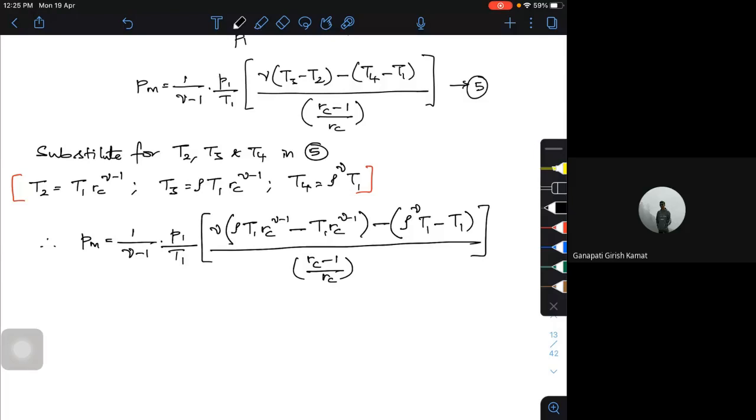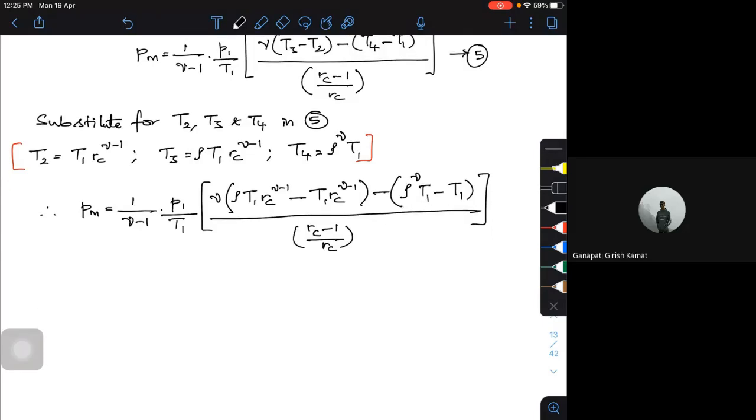Now for the simplification, I can take T1 outside. So T1 in the numerator and T1 in the denominator just simply cancel out. So Pm is equal to 1 by gamma minus 1 into T1 by T1.